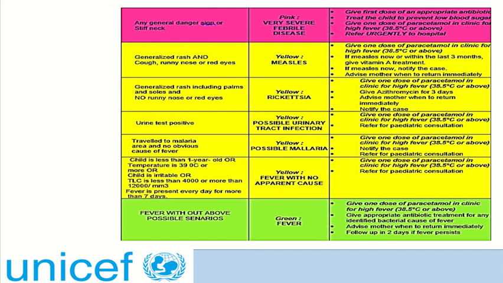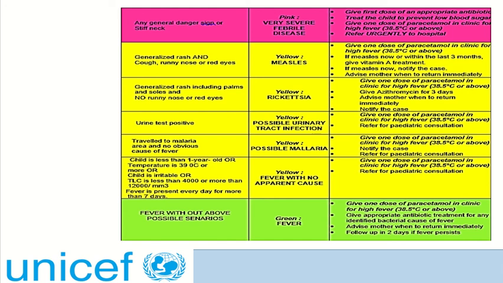If we classify the child as possible malaria, we give one dose of paracetamol in the clinic for high fever. We notify the case and refer for pediatric consultation to the infectious department. If the child is classified as fever with apparent cause, such as a boil, carbuncle or a mass, then we manage according to your clinic guideline in your practice.